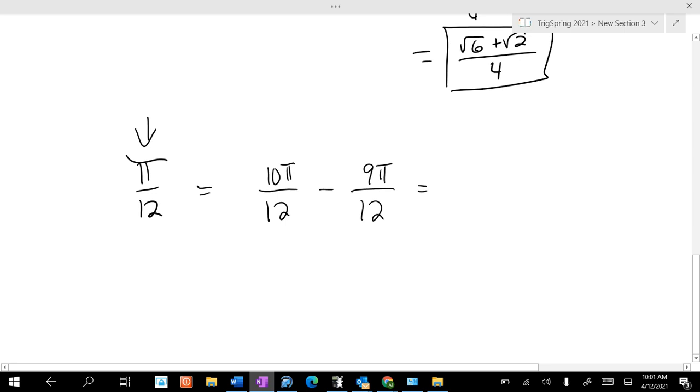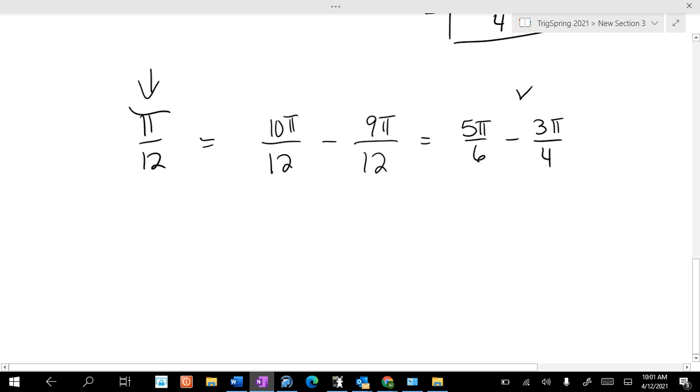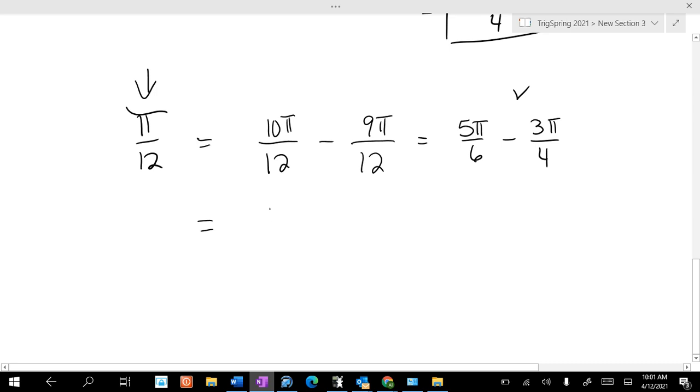What's 10 pi over 12? 5 pi over 6. What's 9 pi over 12? 3 pi over 4. Are those both on your unit circle? Then that works. Okay. Could you take 2 pi over 12 minus 1 pi over 12 to get pi over 12?